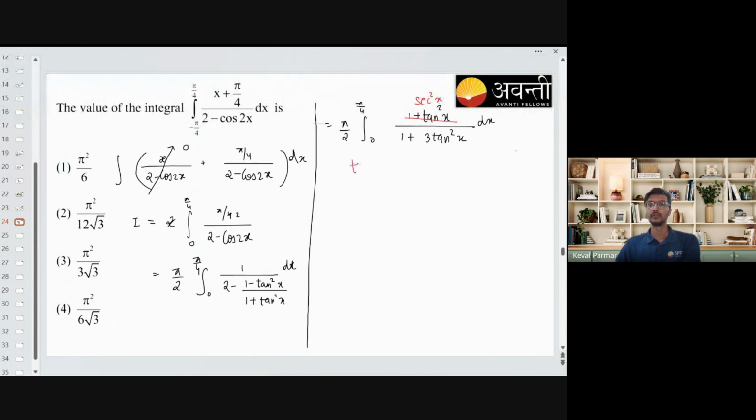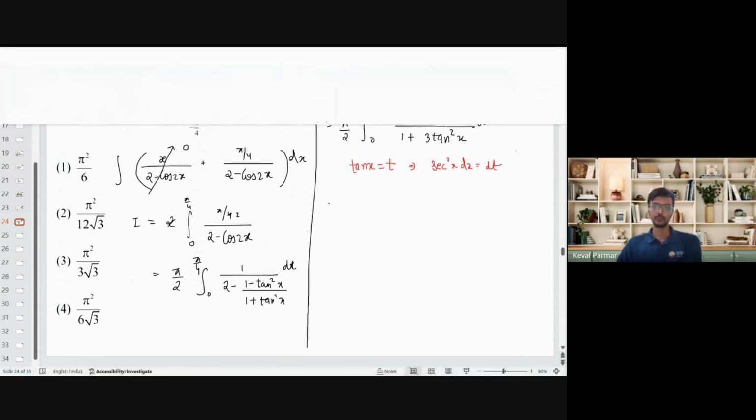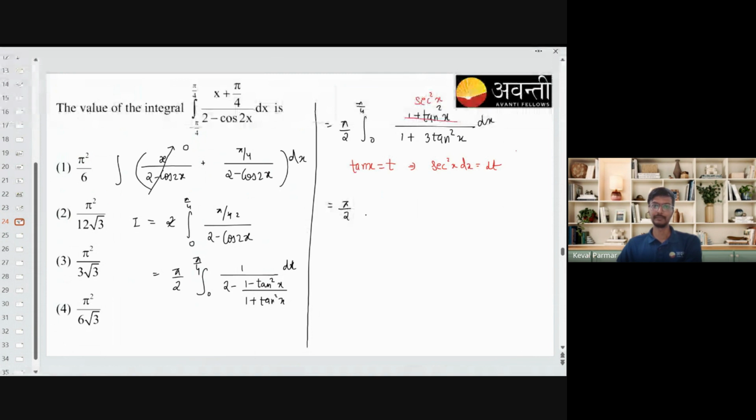So we can put tan x equals t. So we'll get sec square x dx equals dt. So my integral will become pi by 2 integration, tan 0 is 0, tan pi by 4 is 1, dt upon 1 plus 3t square.